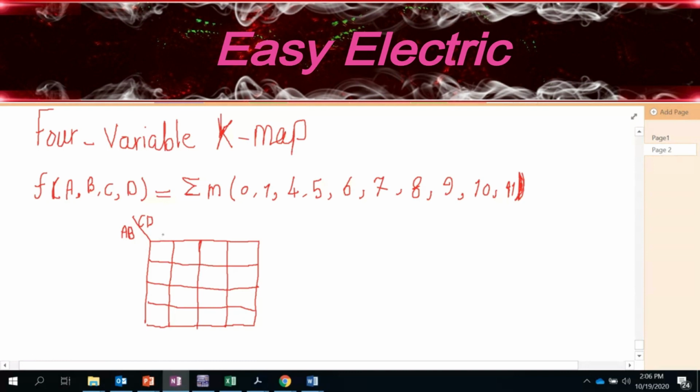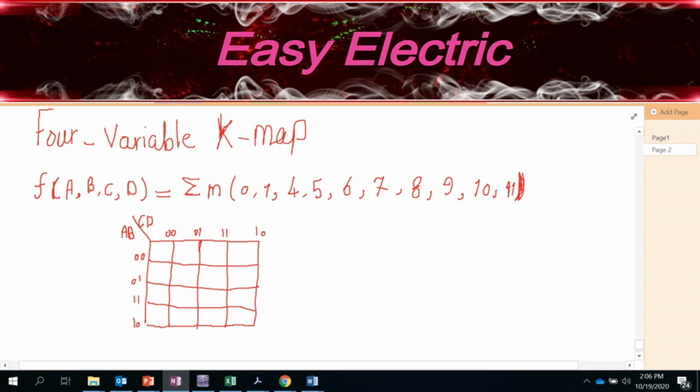So the order that we consider here, you put 0 0, 0 1, 1 1 and 1 0. And same order here. So AB could be 0 0, 0 1, 1 1, and 1 0.